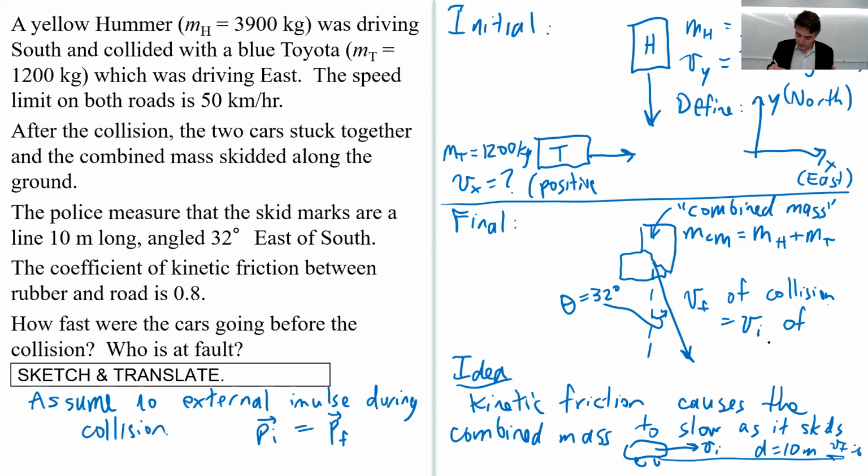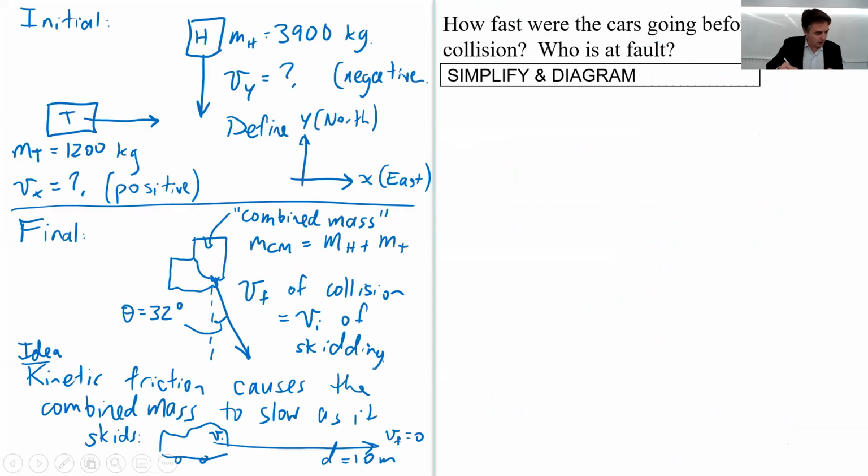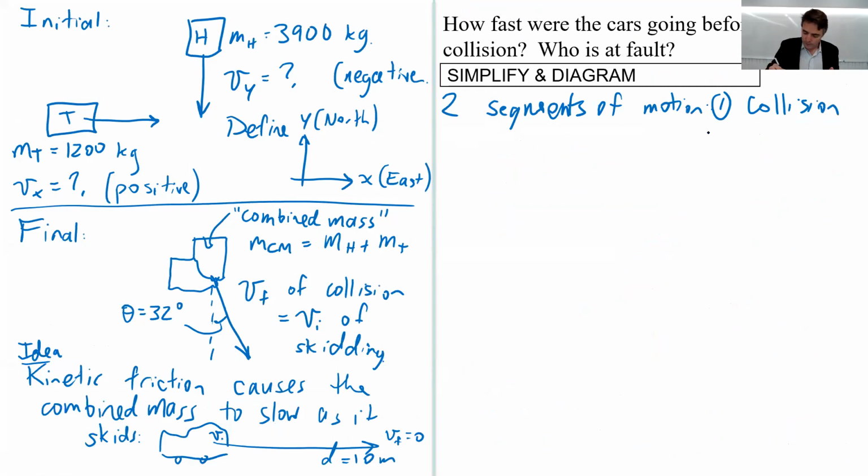There's two segments of motion. You've got to keep track of it. So let's call it two segments of motion. We call 1 the collision, and 2 the skidding.